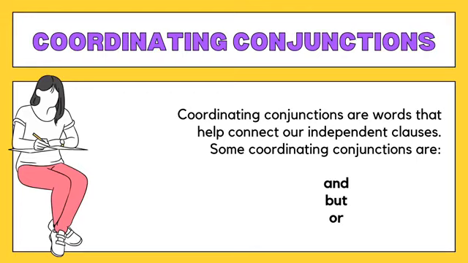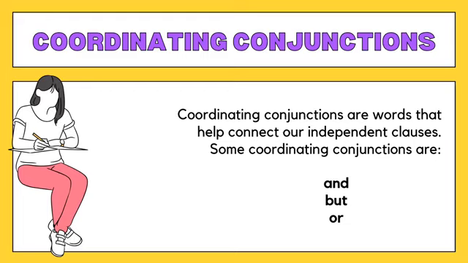Earlier on, you should remember I mentioned that a compound sentence is made up of two or more independent clauses joined together by a coordinating conjunction. So for clarity purposes, let us look at some examples of coordinating conjunctions. Coordinating conjunctions are words that help connect our independent clauses to achieve a compound sentence.